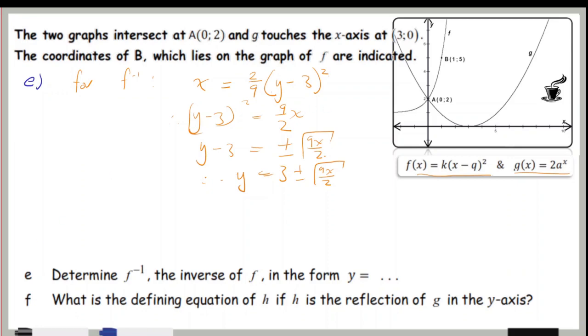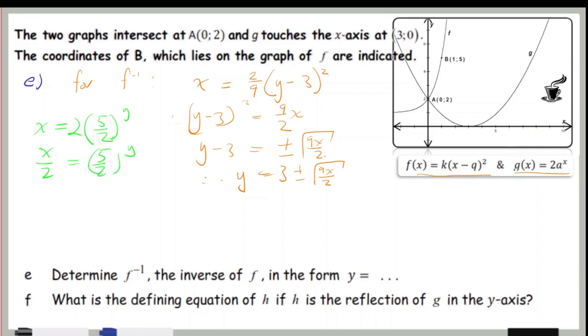Let me just do it in a different color. So for that one, we will say that x is equal to 2 times 5 over 2 to the power y, which means we'll have x over 2 being equal to 5 over 2 all to the power y.